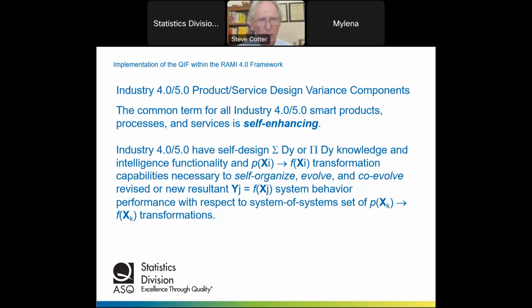Industry 4.0 products, processes, and services have self-designed, additive or multiplicative knowledge and intelligence functionality built into their original design, and PXI, FXI transformation capabilities necessary to self-organize.